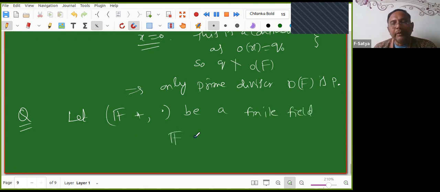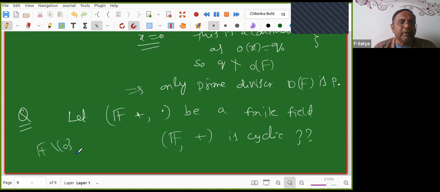What can we say about this group? Is it cyclic? You know that F minus 0 is cyclic, right? People get confused. Generally they say that F plus is also cyclic. They remember that something is cyclic, so they say F plus is also cyclic. What do you know about F plus?